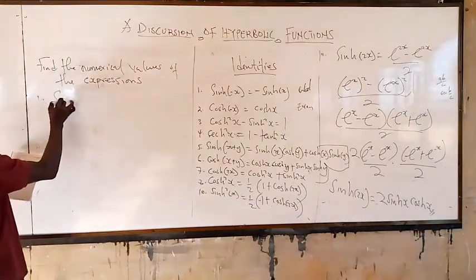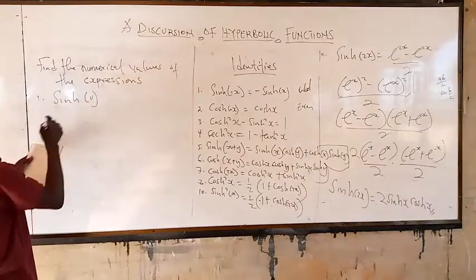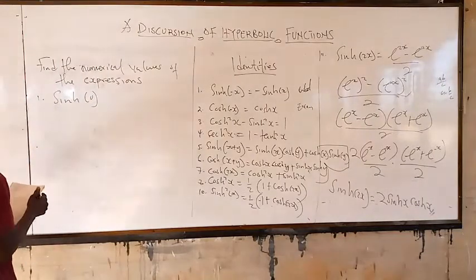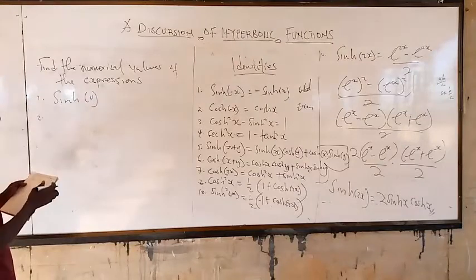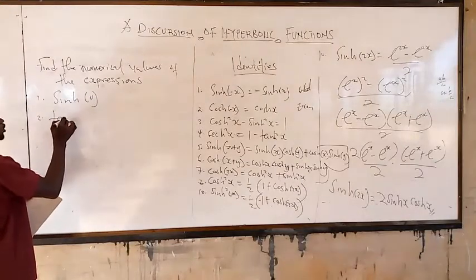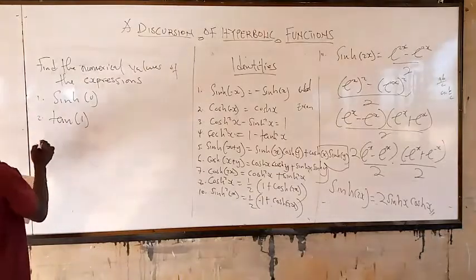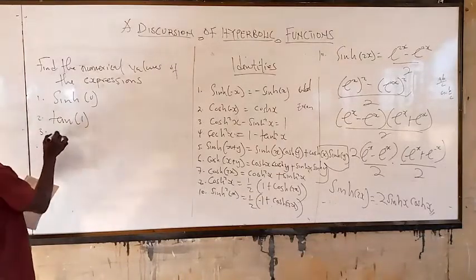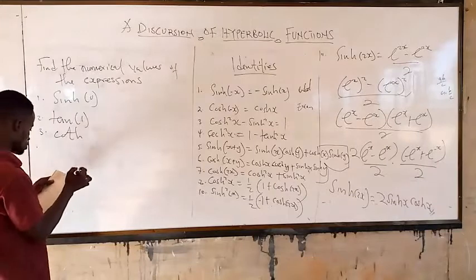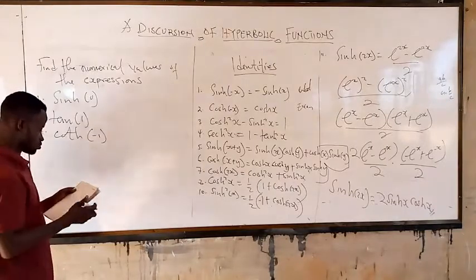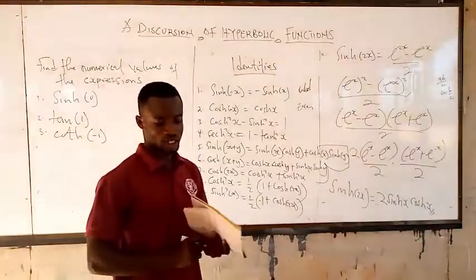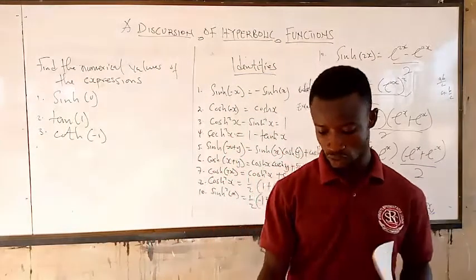The first one is sinh 0. The second one is tanh 1. And the third one is cosh -1. There are a lot of ways you can even set your own one and solve it.